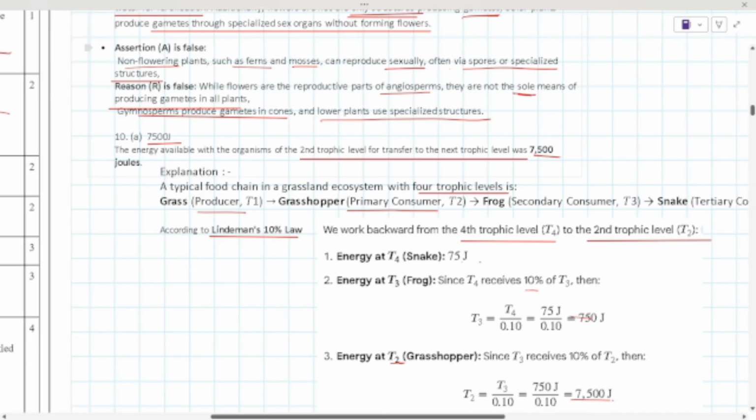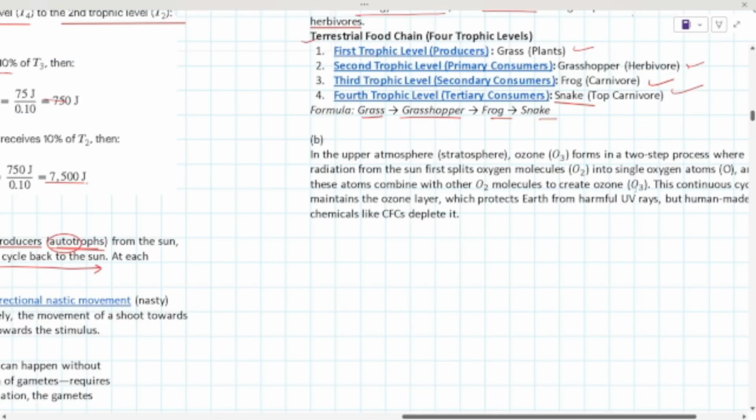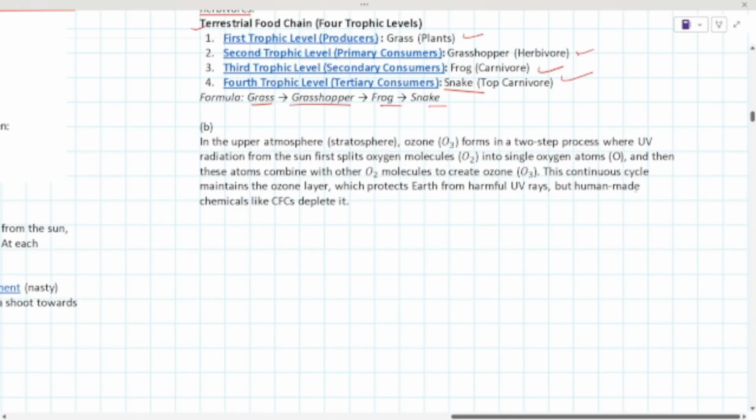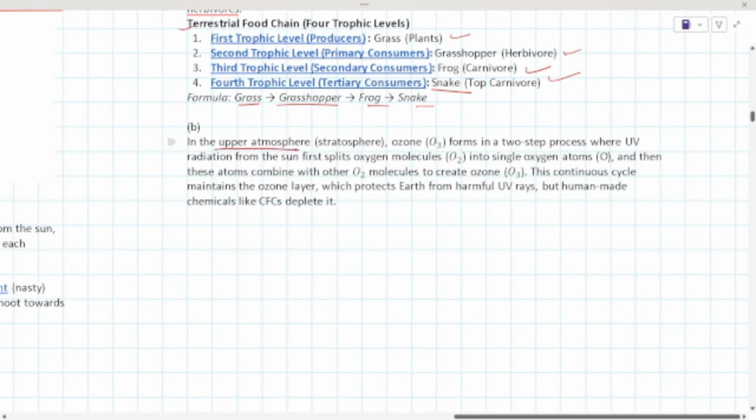Yes, now let's see the explanation. Good. So here it is said that in the upper atmosphere, the stratosphere, ozone O3 forms in two steps. UV radiation from the sun first splits an oxygen molecule into single oxygen atoms, right?